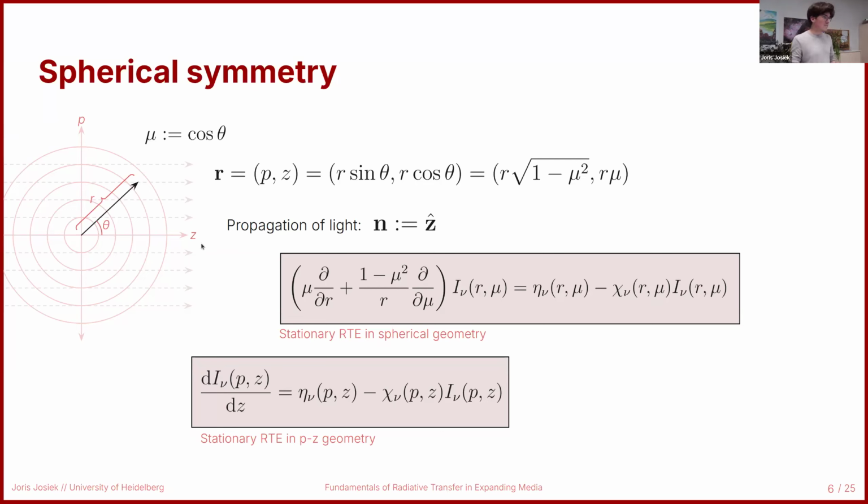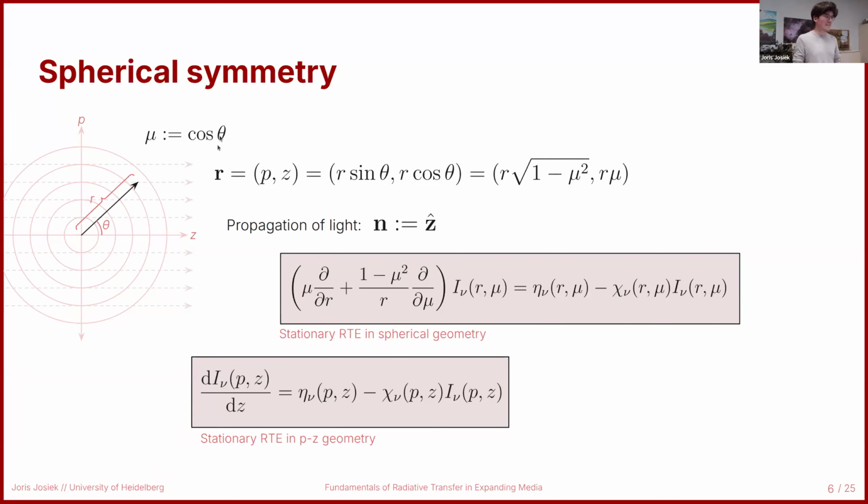At the same time, you can also transform this into so-called polar coordinates, which is this R theta geometry, which basically gives you the same point, but as a function of distance from the center and this angular offset. To make things a little bit easier later on, we usually define this parameter differently.